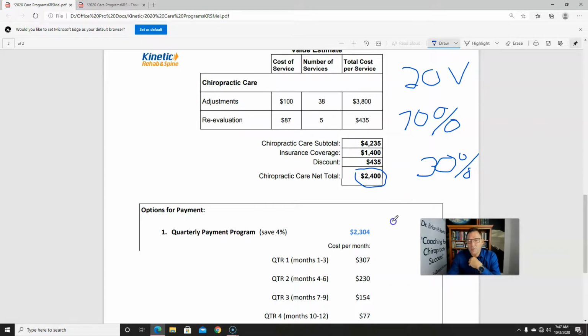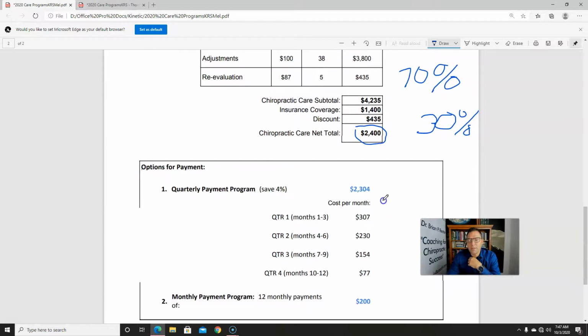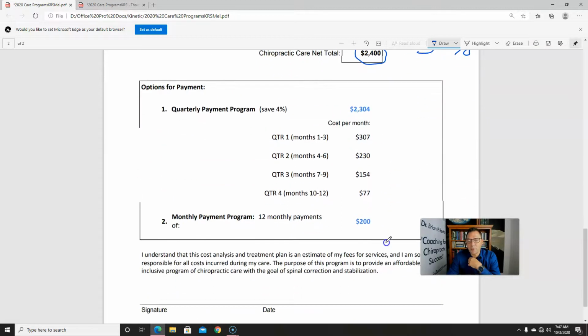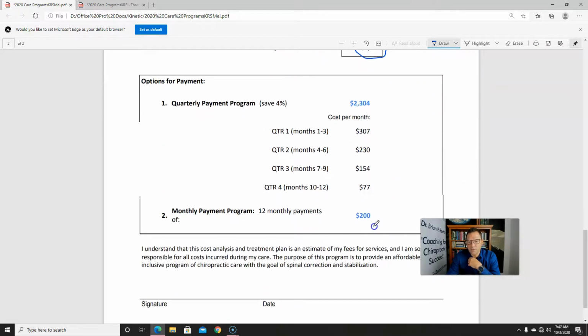Now, we use a program that allows us to put in certain amounts per month. So at our office, we put in $200 a month one time for 12 months, and it's done. We never have to look at it again. The biller never has to worry about it. It's easy, it just comes right out of the program.